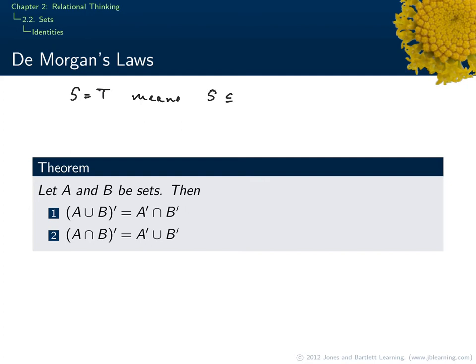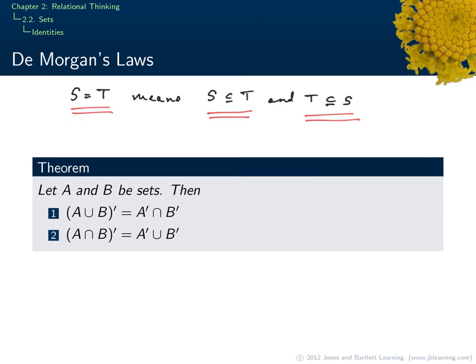So that means S is a subset of T, and T is a subset of S. So if I'm going to verify a statement like this, then I need to do two things. I need to show the first set is a subset of the second, and then I need to show the second is a subset of the first.